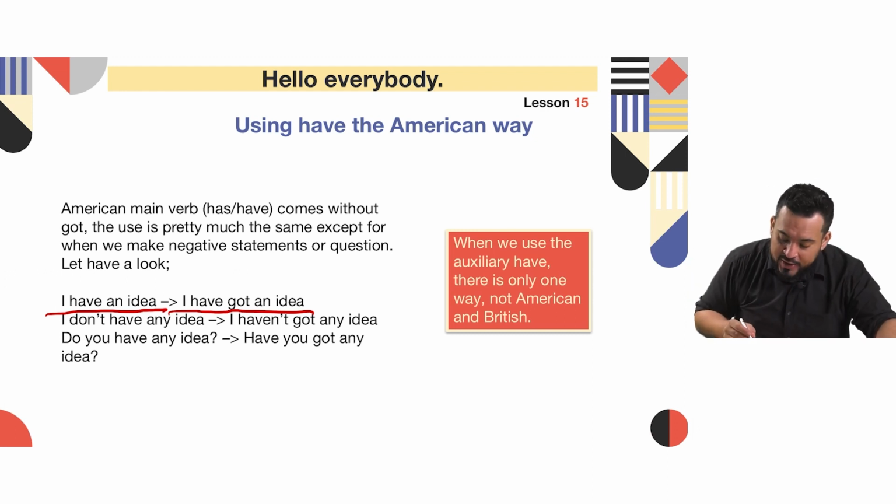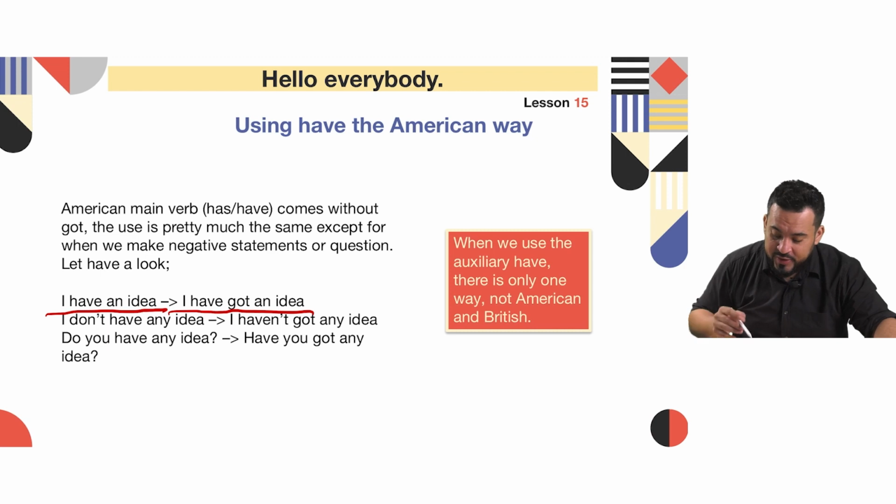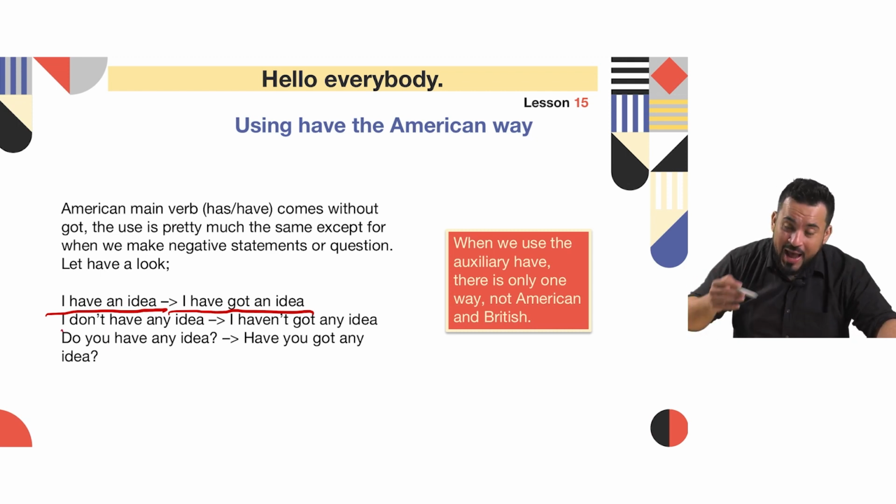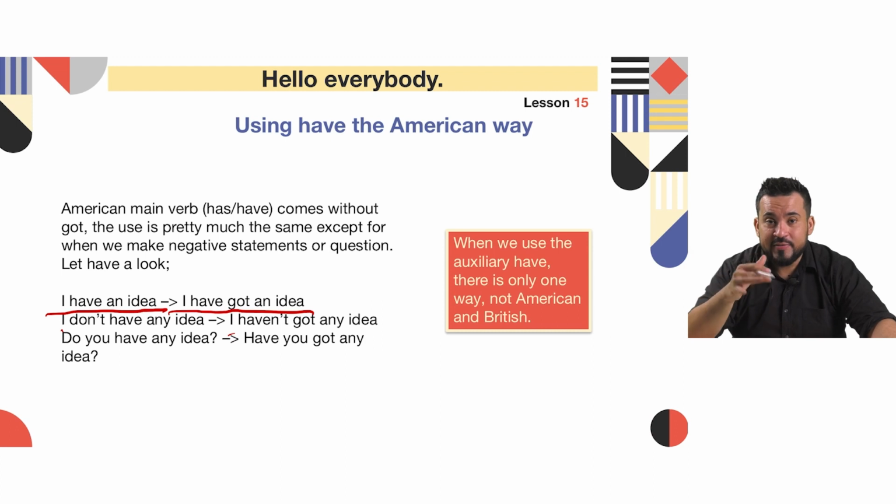I have an idea or I've got an idea, it's the same thing. The negative is a little bit different. In the negative we will say I don't have an idea or I haven't got an idea. As we covered a little while ago, the negative form is different because we use do. I don't have an idea.